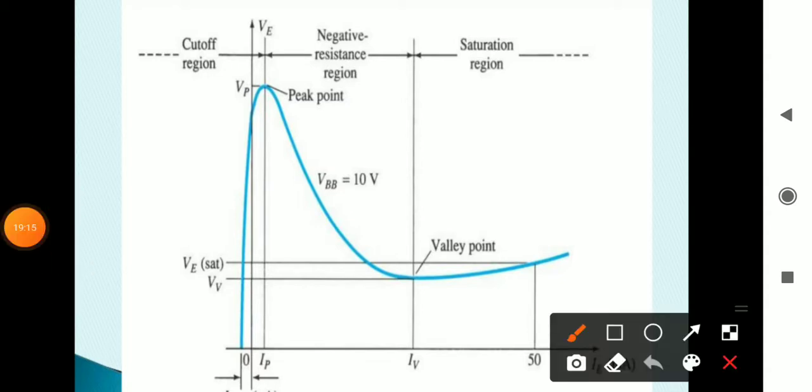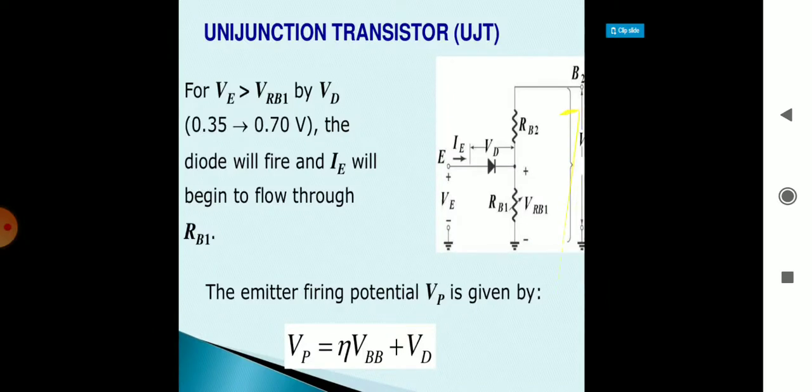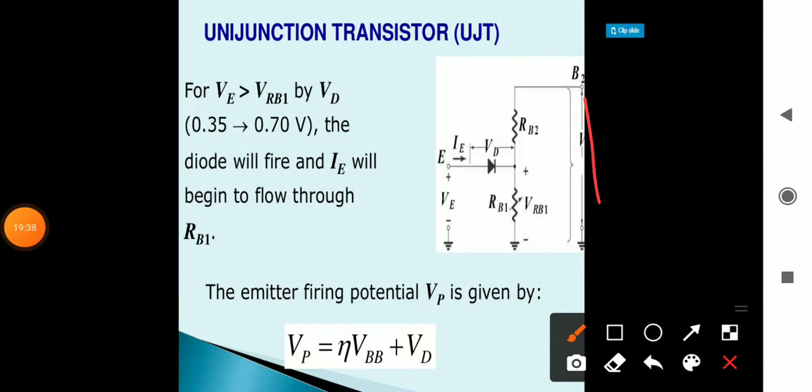If I keep on increasing the voltage, that is, if I apply the positive voltage to this particular circuit, what happens? I told you about VBB in this circuit, that is the VBB voltage that we are supplying.